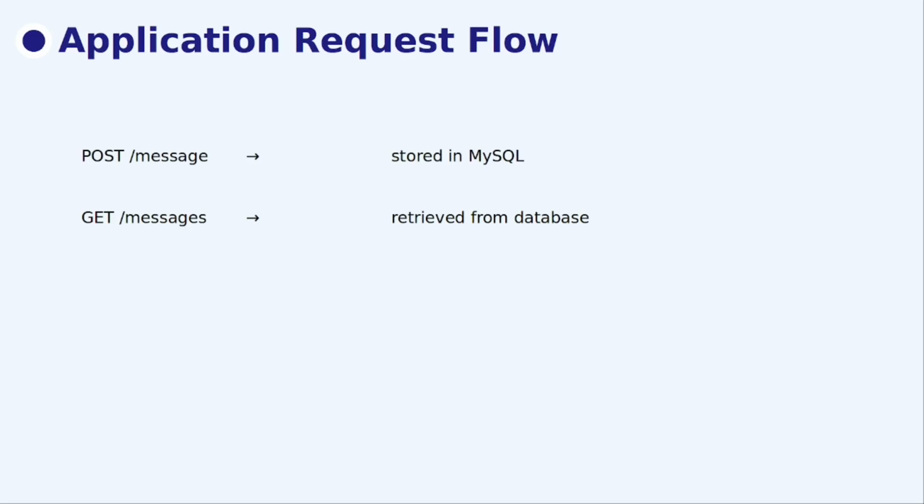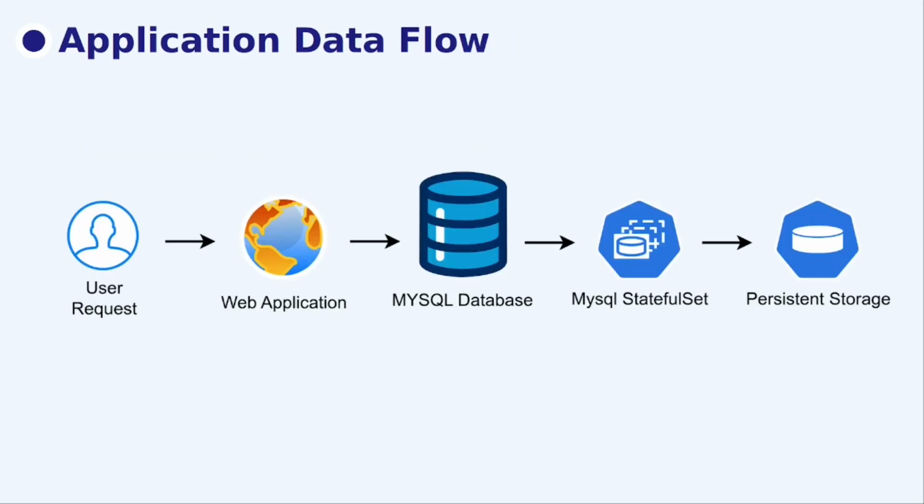When a user sends a GET request, the app queries MySQL and returns the message. Behind the scenes, every piece of data goes into persistent storage. So even if the app restarts or the database restarts, the data remains intact.